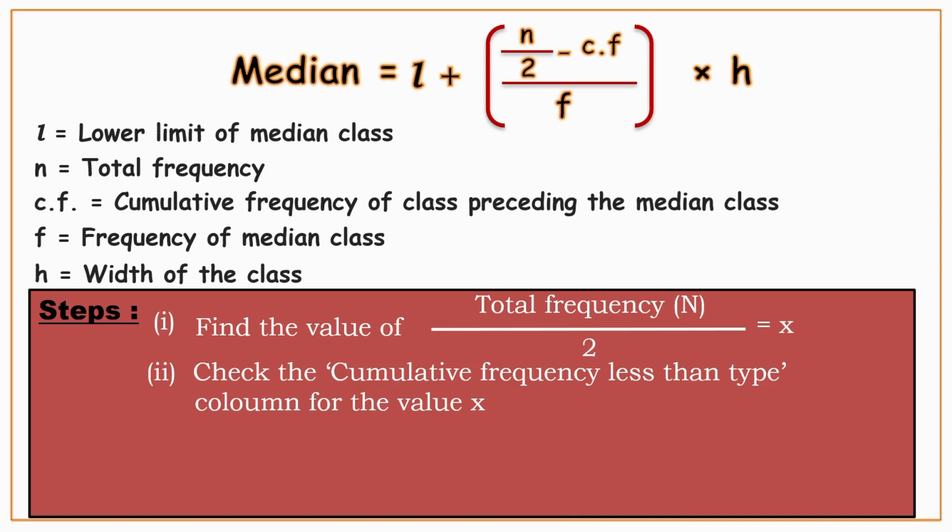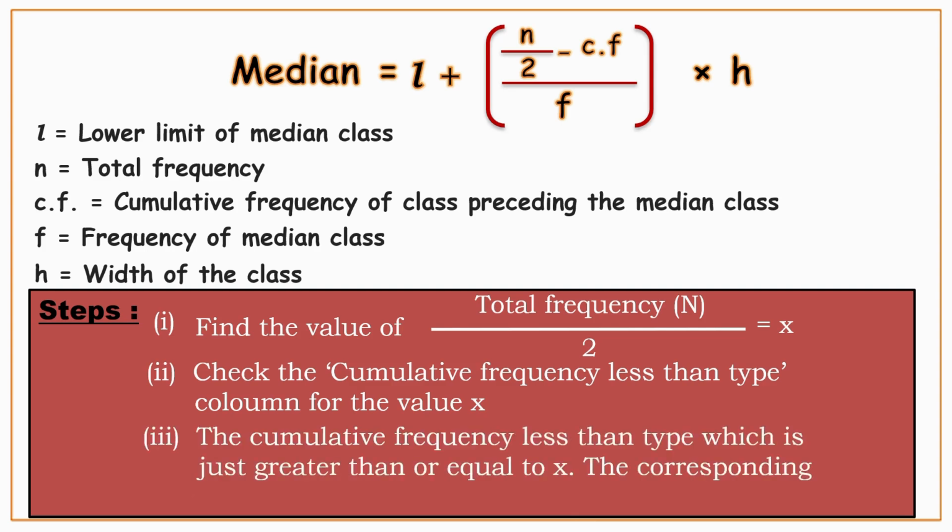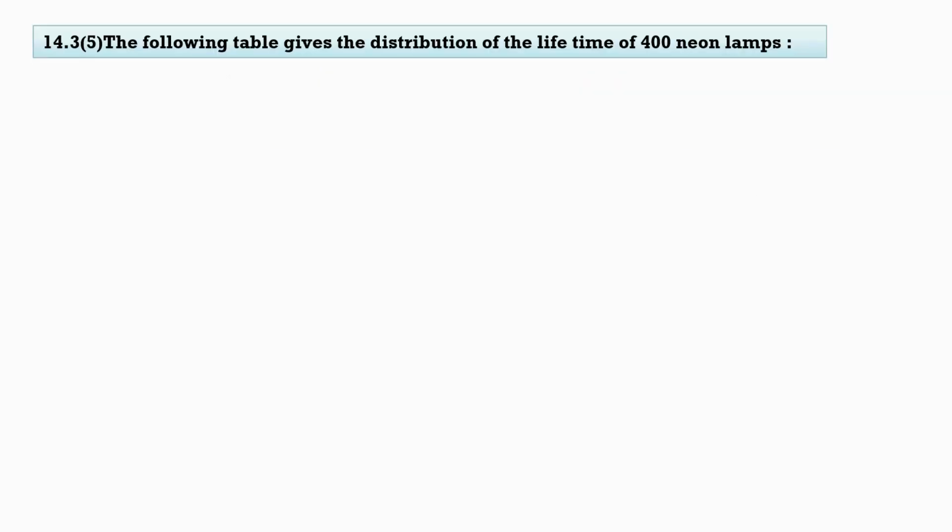Then check the cumulative frequency, less than type column, for the value x. Then the third step: the cumulative frequency less than type which is greater than or equal to x, the corresponding class will be the median class. I know that you couldn't understand a single term over here. Let's solve a problem, then you can understand it.